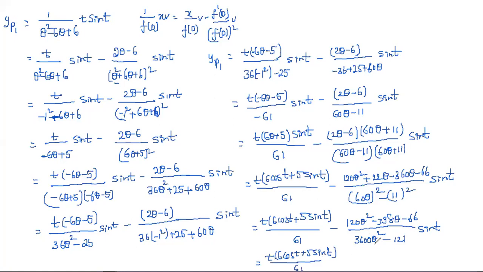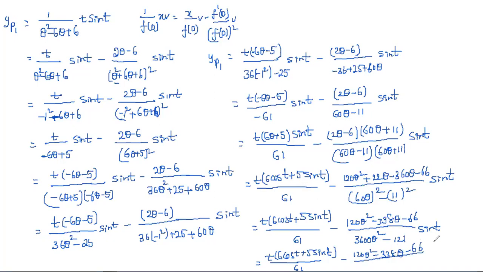Here if you substitute in place of theta square, so we simply get minus 120 theta square minus 338 theta minus 66 by.